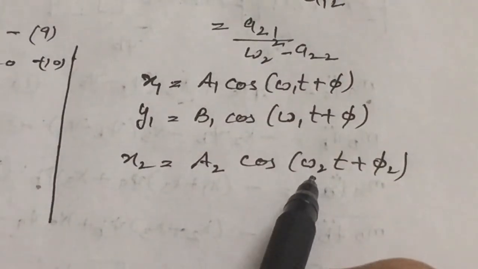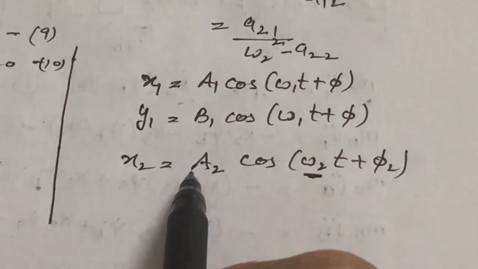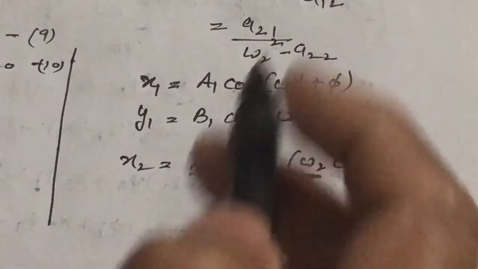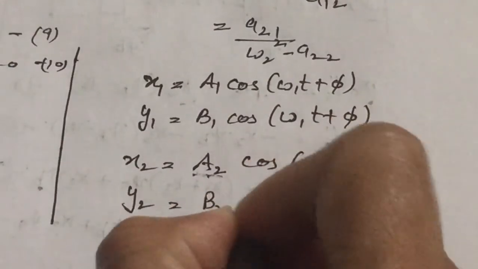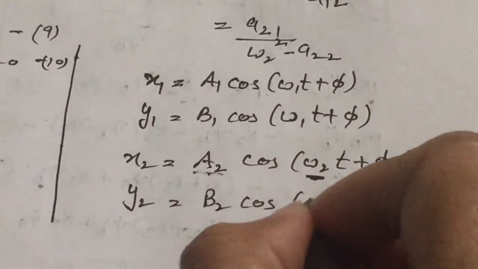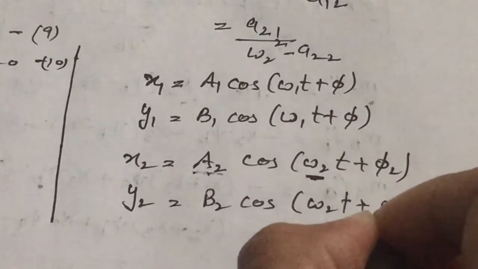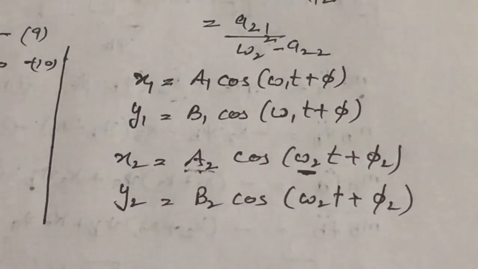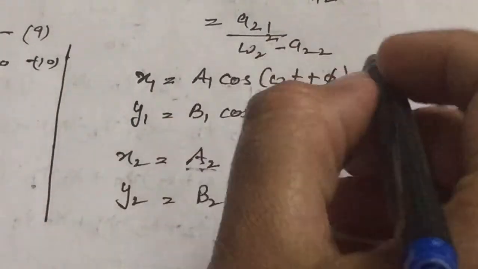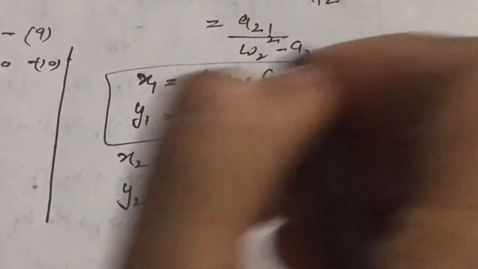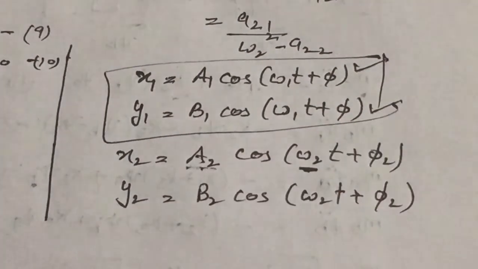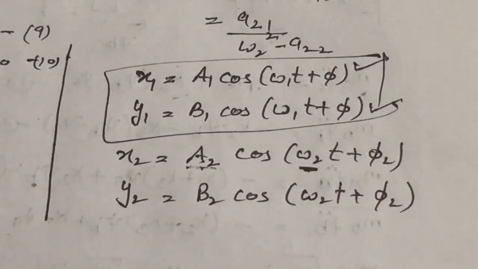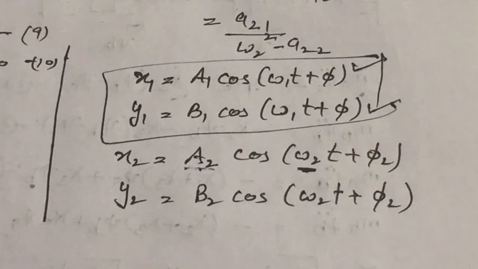For the second type of angular velocity, the particle shows a different amplitude, and similarly, the second particle will also give an amplitude of b2 when it is moving with an angular frequency of omega 2. These are the equations for the first particle when it is moving with omega 1, and this is for the second particle which is moving with an angular velocity of omega 1.